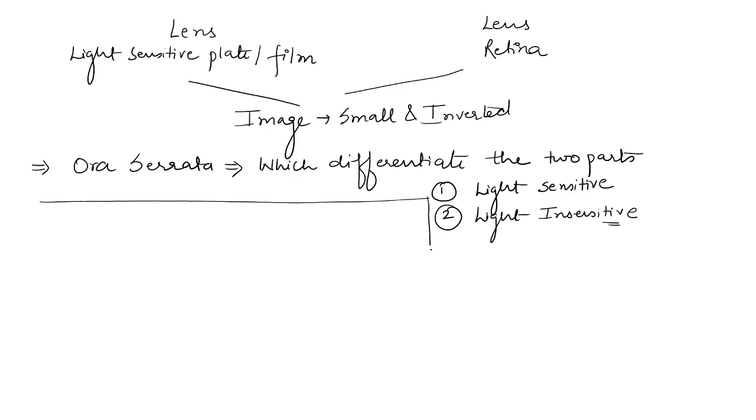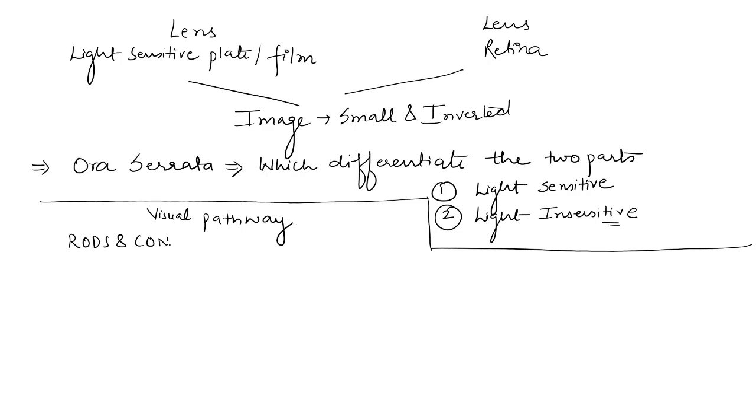Now, the visual pathway. Already it is clear, but starting from rod cells and cone cells, it goes to bipolar cells, then to ganglion cells, then to thalamus.